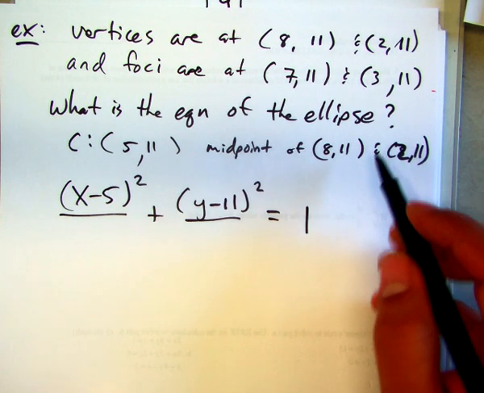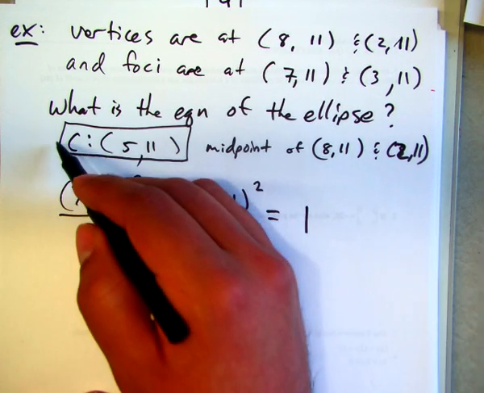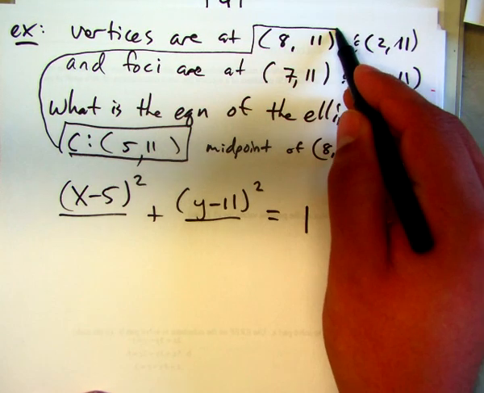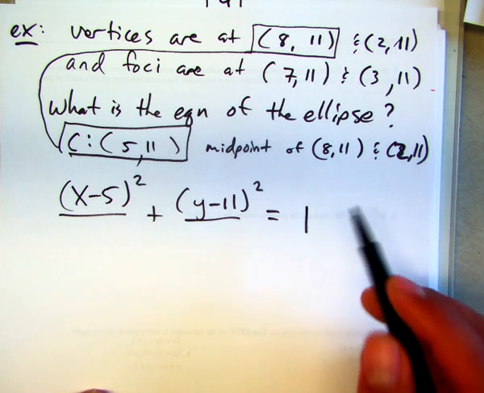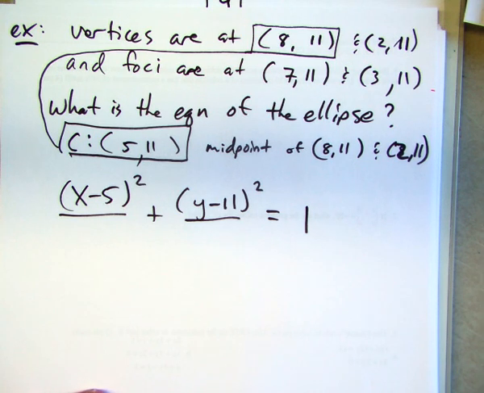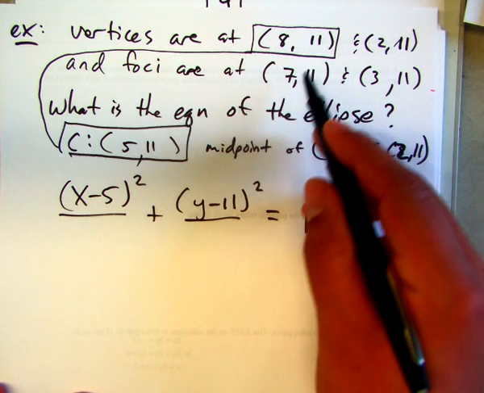If I know the center is at (5, 11), and I happen to know that the vertices are at (8, 11) and (2, 11), the question is, how far is the center to the vertex?